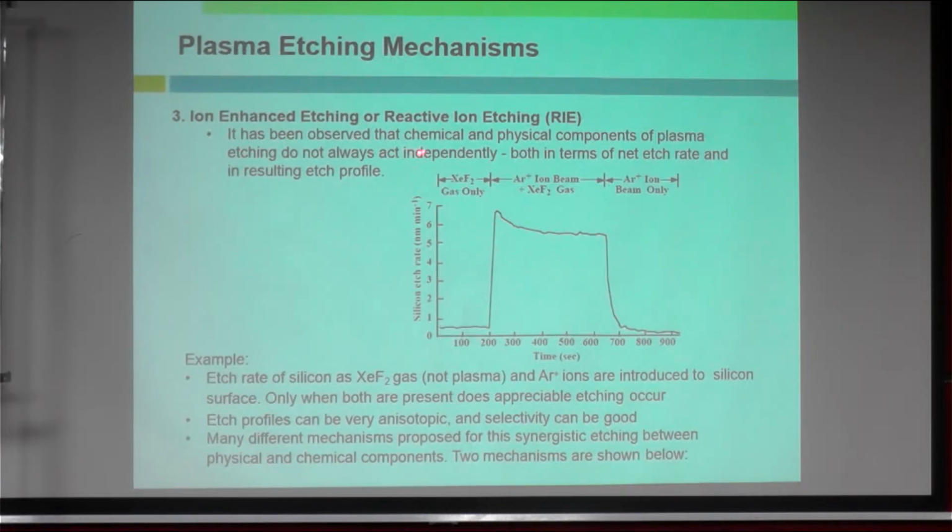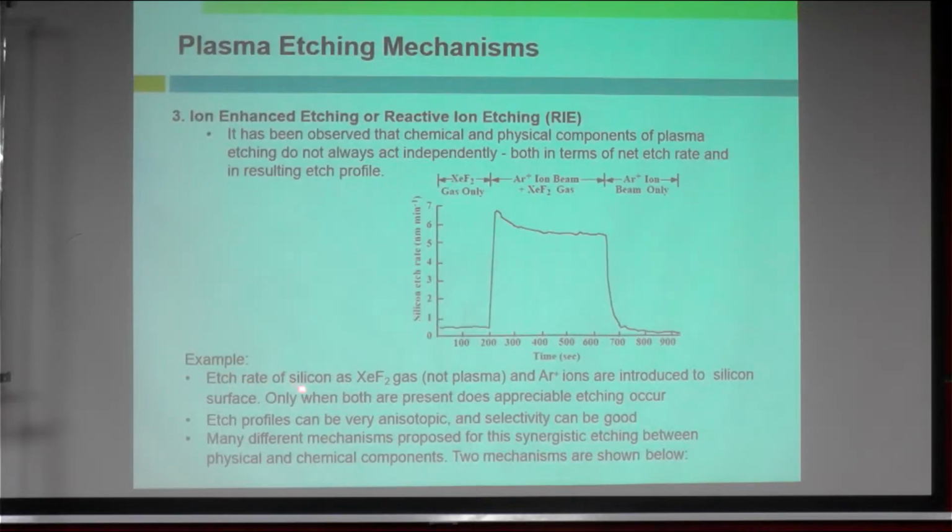It has been observed that chemical and physical components of plasma etching do not always act independently, both in terms of net etch rate and in the resulting etch profile. So you see that you have HF gas etching and argon ion beam etching, then argon ion beam only. These three profiles might be combined, for example.